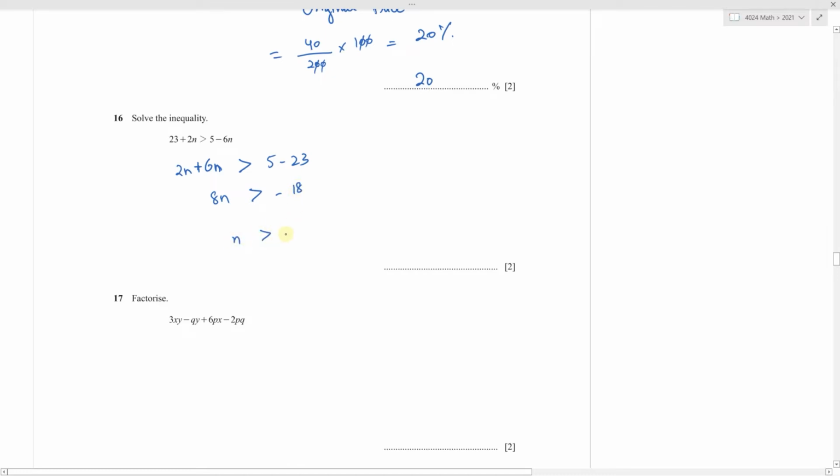And n will be greater than minus 18 over 8. I can divide by 2 to get the simplest form. 2 times 4 is 8. And 2 times 9 is 18. So this is minus 9 over 4. N is greater than minus 9 over 4.